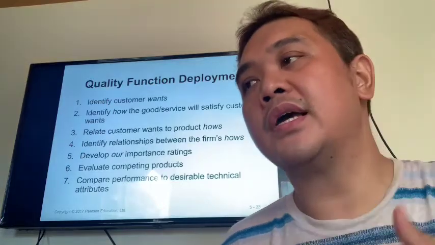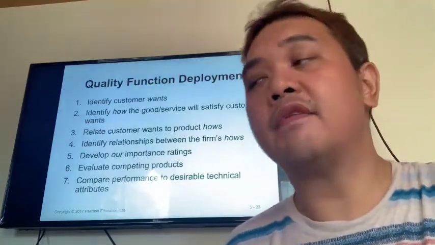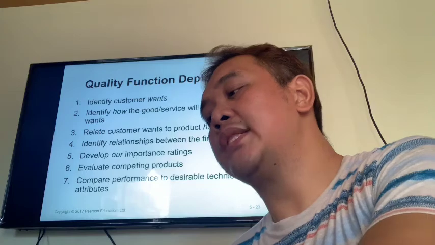So these are the different purposes of your house of quality.